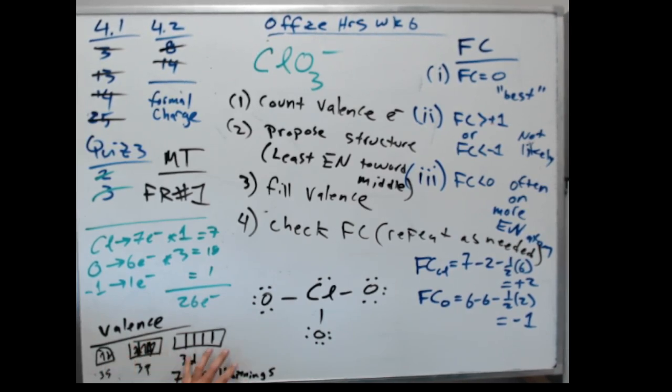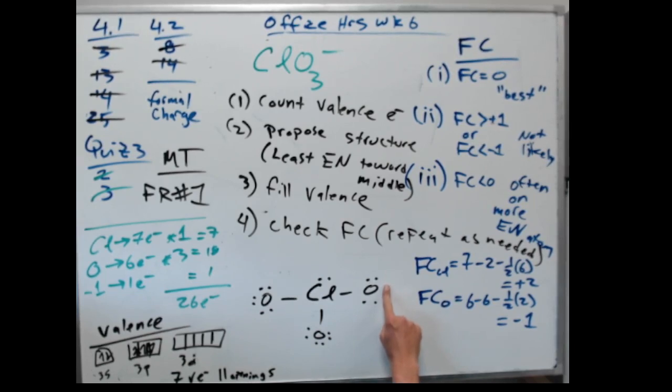And since it's only n equals 3, you can use the d orbitals to kind of get more openings than we would expect. And that was the big difference between oxygen, nitrogen, and fluorine versus phosphorus, sulfur, and chlorine, was having those d orbitals. So I don't need to stop when chlorine gets to 8. I can send chlorine higher. So one of the things I can do is switch that to a double bond.